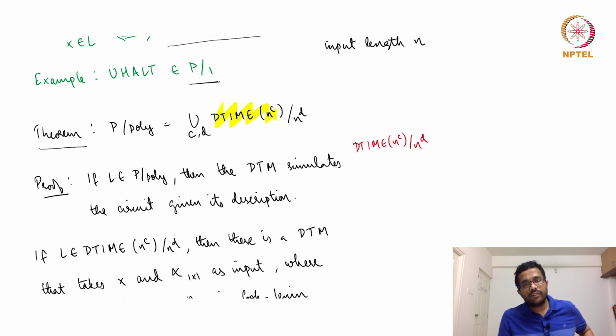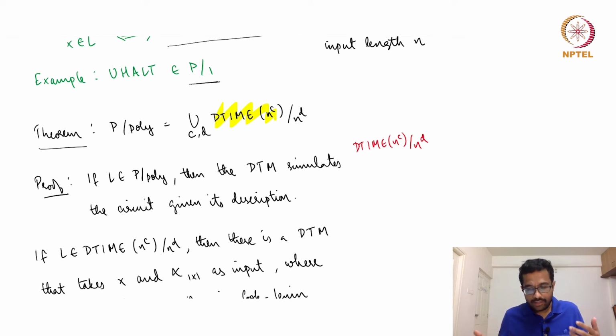Given an input that the Turing machine has to decide, what will the Turing machine do? The Turing machine has to be the same for the entire language, but it could use an advice string, and the advice string could vary based on the input length.